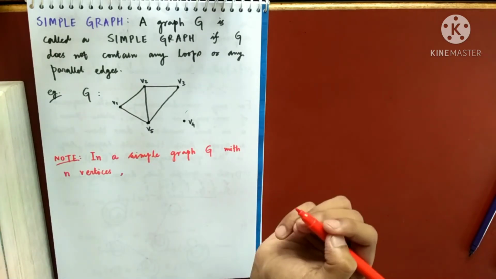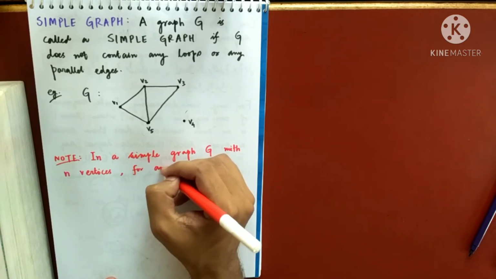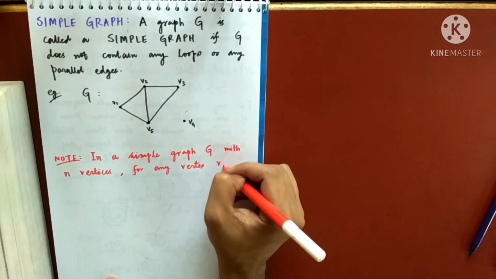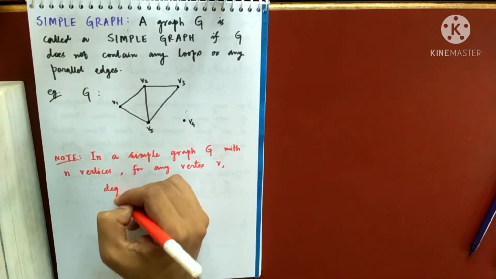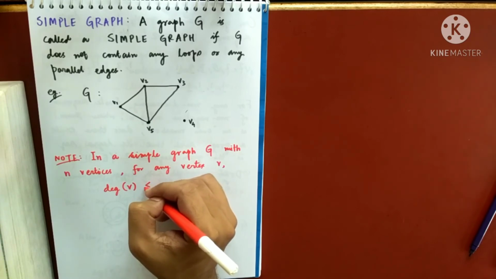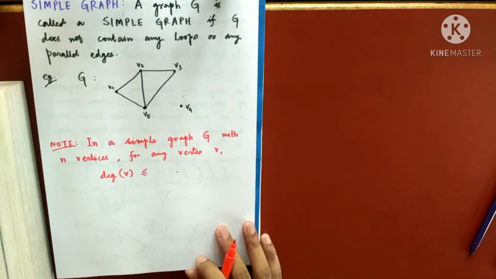So in a simple graph G with n vertices, for any vertex V, the degree of V is less than or equal to something. Can you tell me what it will be? Think.